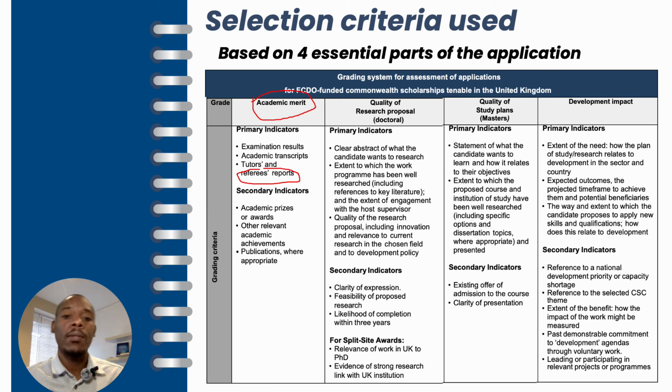So it starts at this stage by you assessing yourself. Do you have the primary indicator in terms of academic wise? If you do not have, then you need to ensure that you have your strong secondary indicators. You may have a weak academic grade, so try to amplify that by ensuring that you meet all the secondary indicators.